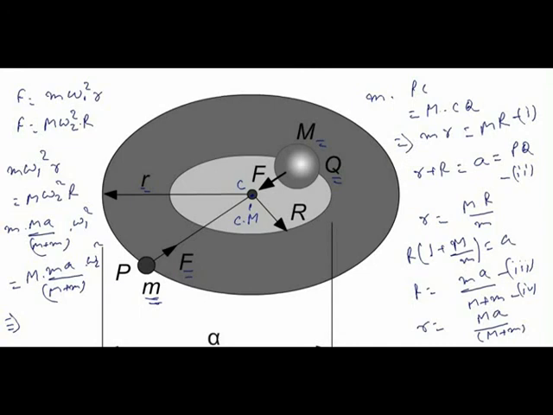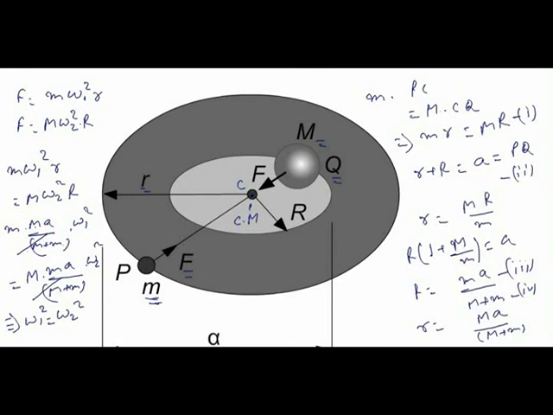Now here we can cancel out these expressions, that is small m into capital M into a by m plus M. So from here we have omega 1 square is equal to omega 2 square.